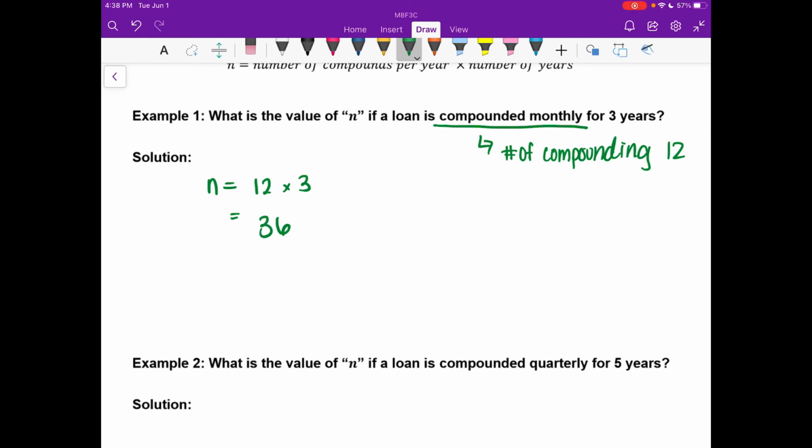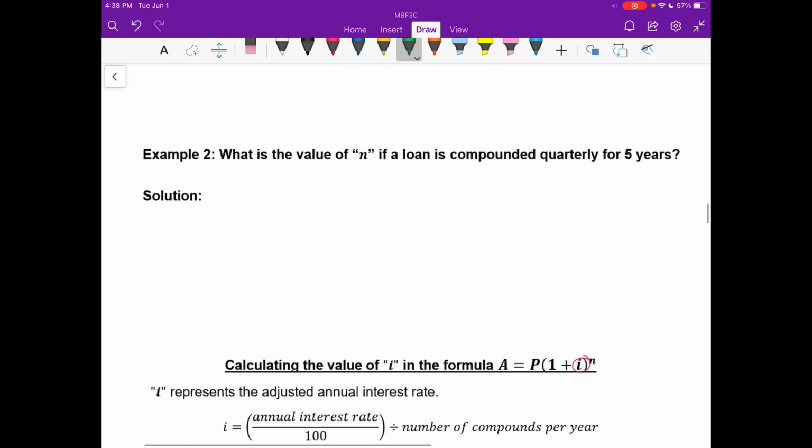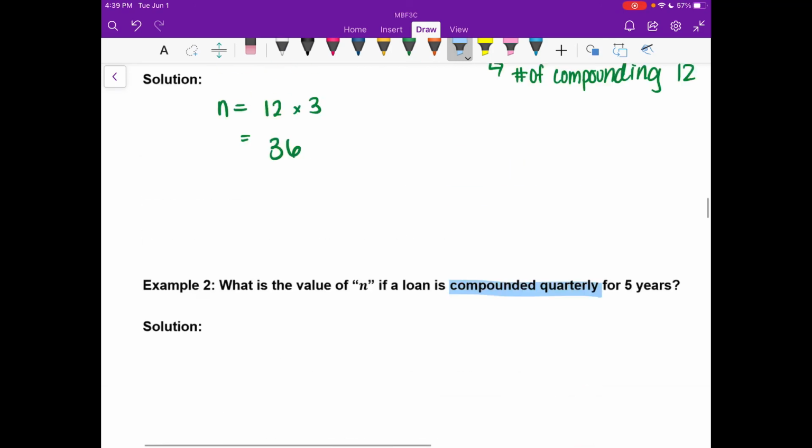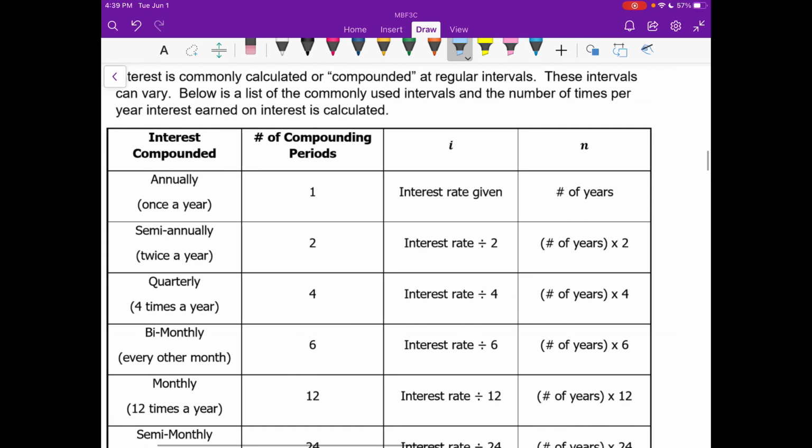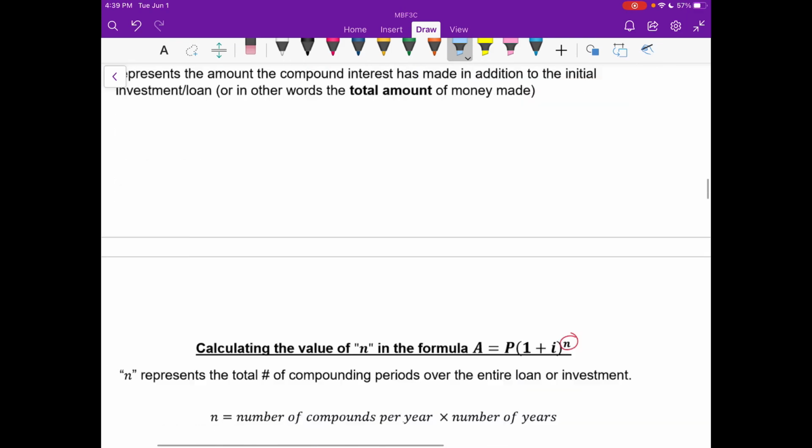Okay. If you move on, it says, what's the value of N if a loan is compounded quarterly for 5 years? If I go back and look at my chart, quarterly, N is equal to number of years times 4.